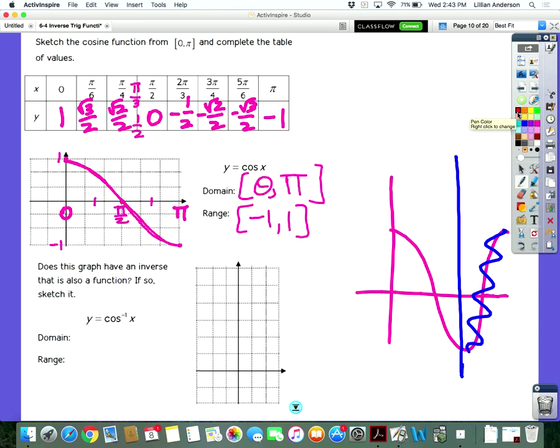What would be the domain of the inverse? Negative 1 to 1, and the range? 0 to pi. So that means all these are getting flipped. My x's are now going to be my y's, and my y's are going to be my x's.